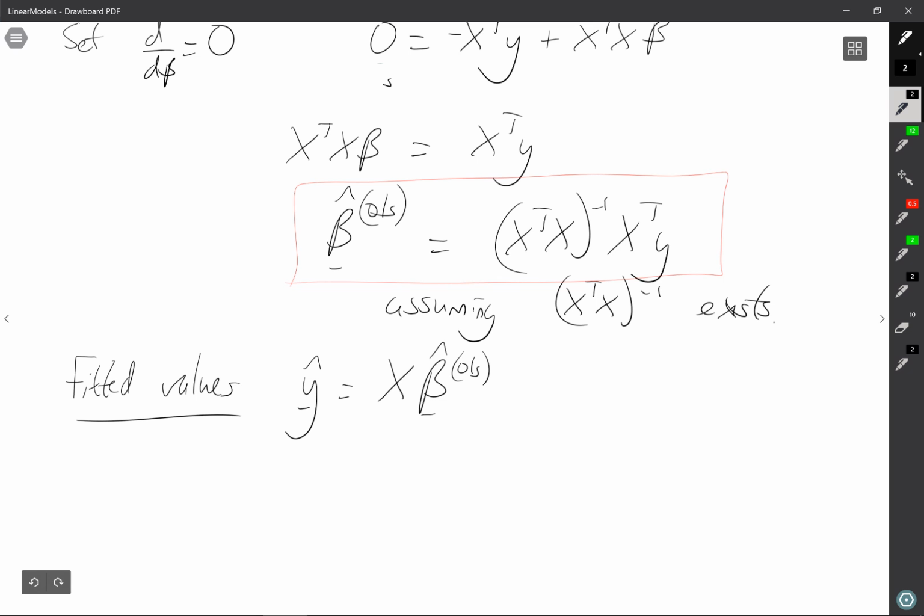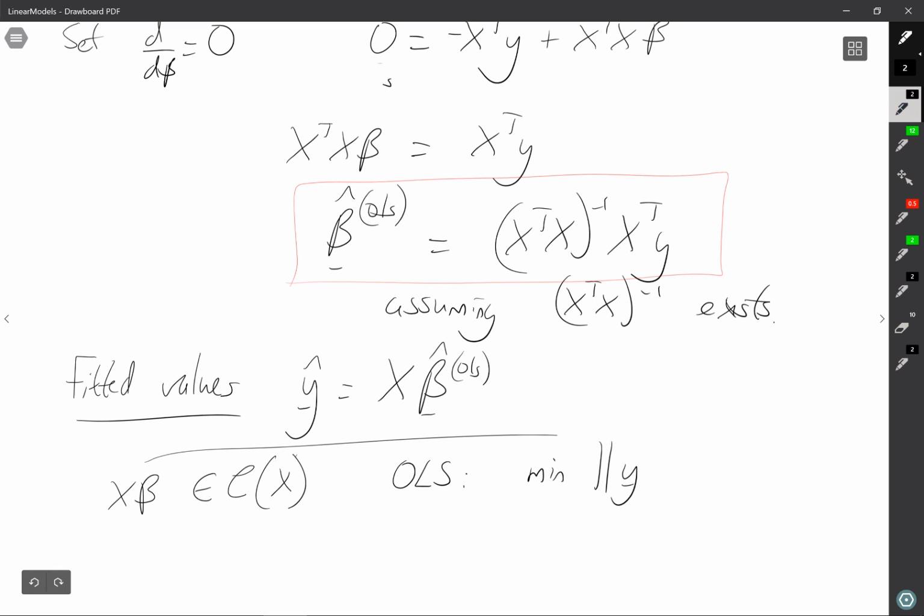Just a quick word on the geometric interpretation. Note that X beta is a point in the column space of X. It's just a linear combination of the columns of X. What ordinary least squares regression does is try to minimize the distance between y and y prime, squared, where y prime is in the column space of X. This is another way of thinking about what linear regression is doing.